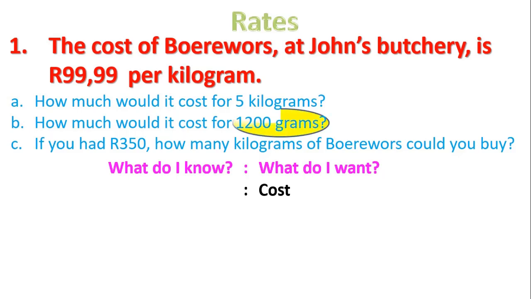It is the weight. And so what do I know? My weight. And look at my question. Well, the cost is 99 Rand per kilogram. So per kilogram, so 1 kilogram, and the cost of that 1 kilogram is 99 Rand 99.